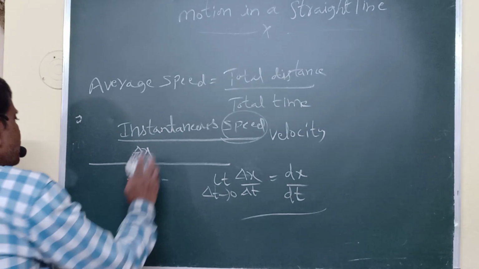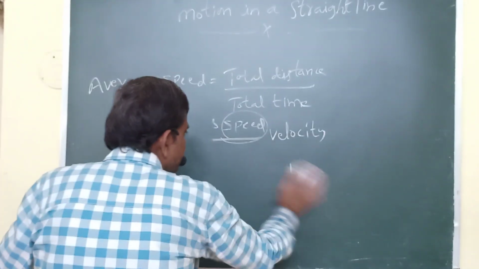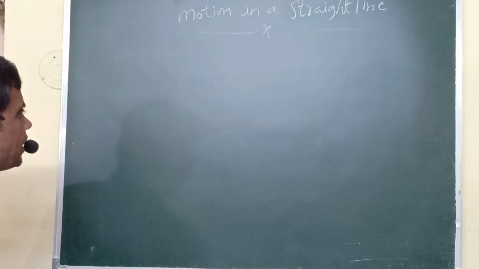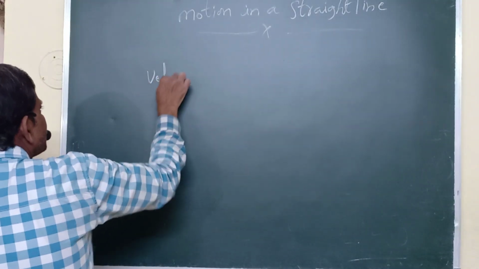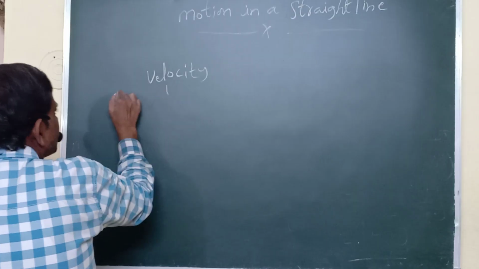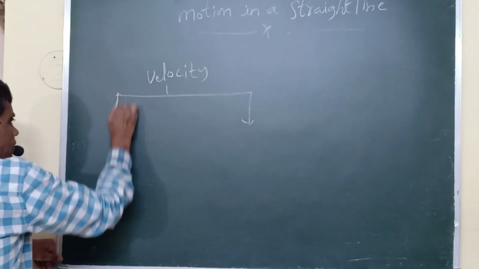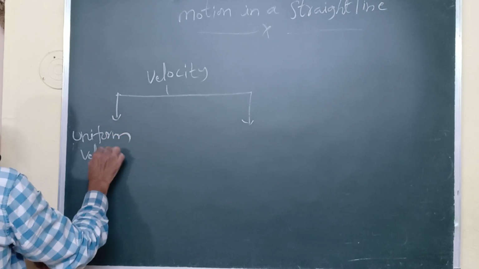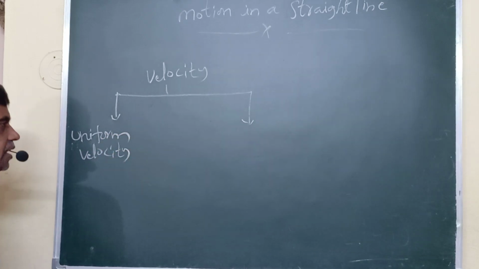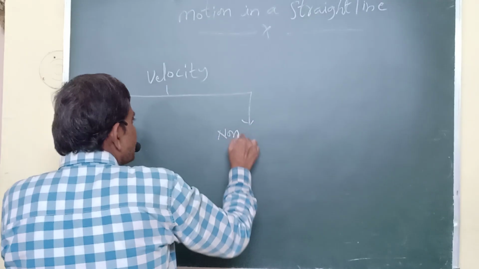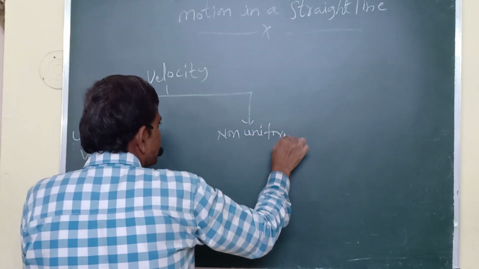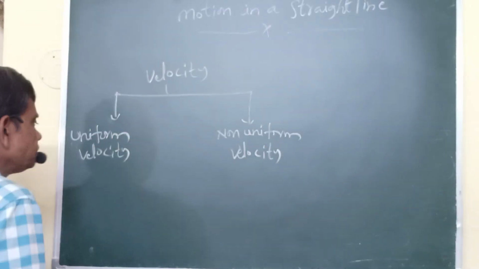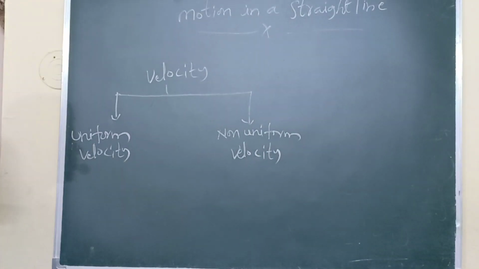Next, velocity classification. Velocity is classified into two types. One is uniform velocity. Another one is non-uniform velocity. What is the uniform velocity?